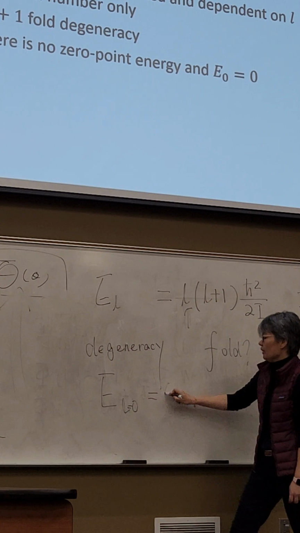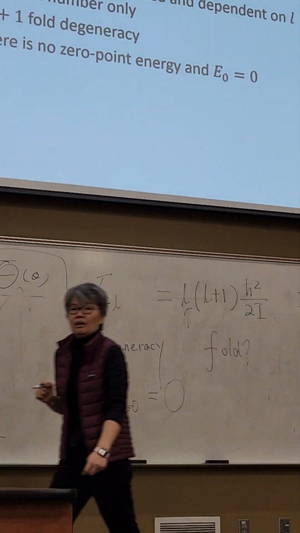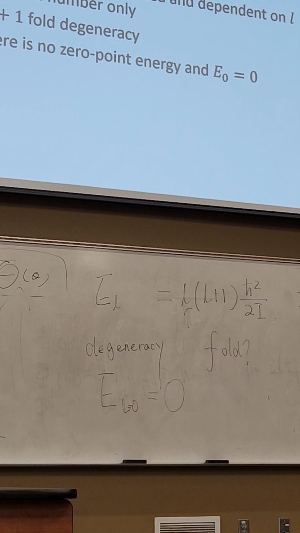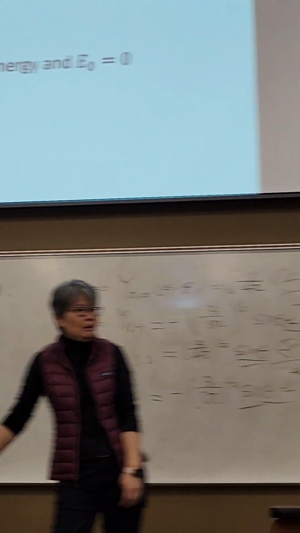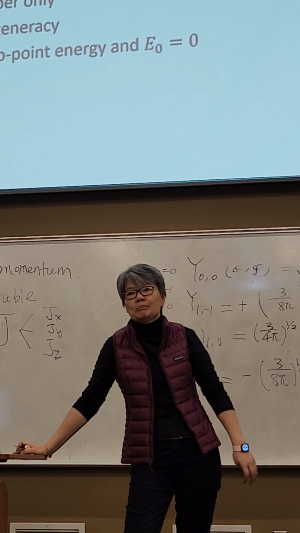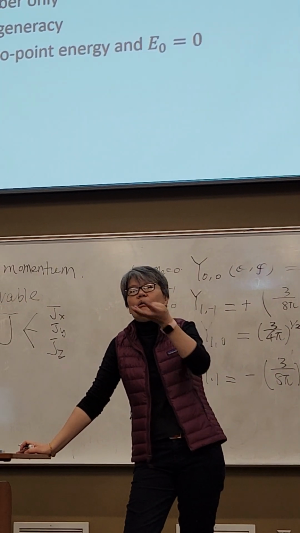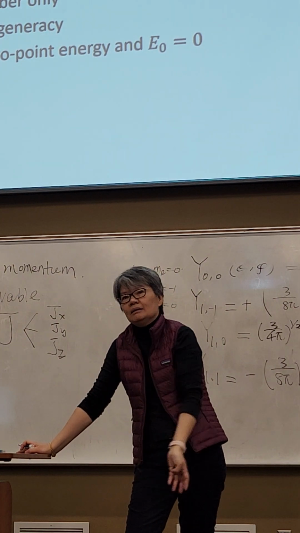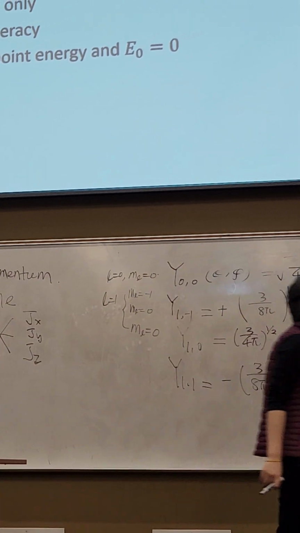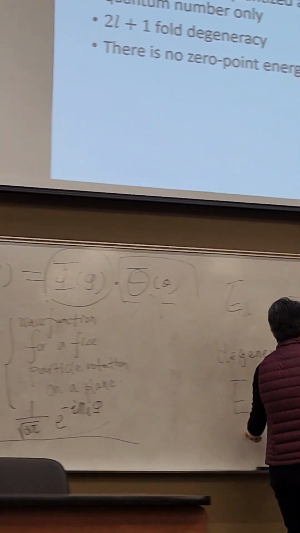So therefore, this whole thing equals 0. So if we evaluate the energy expression, we know the minimum energy corresponds to L equal to 0, and I can plug it into the expression, which gives me 0 at the ground state.